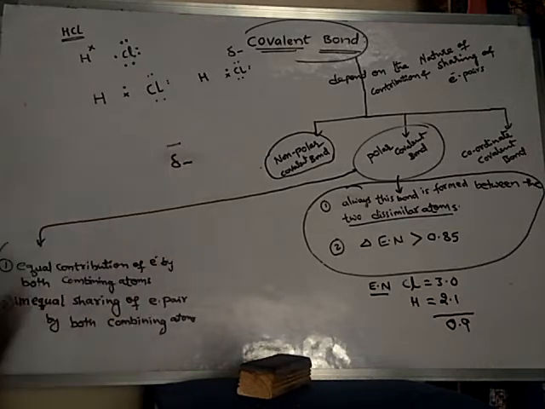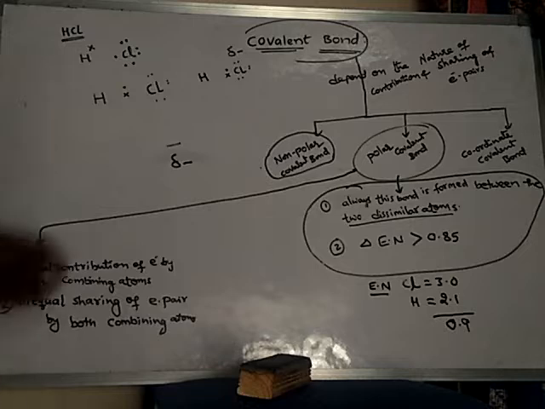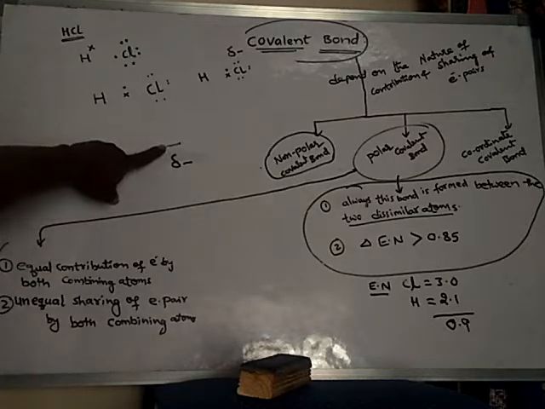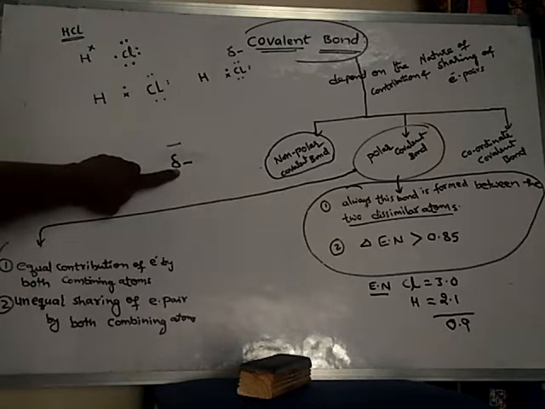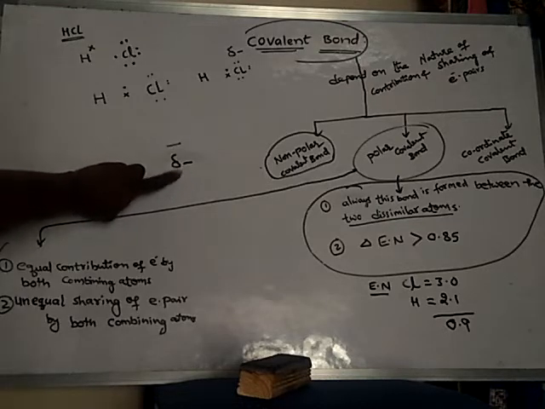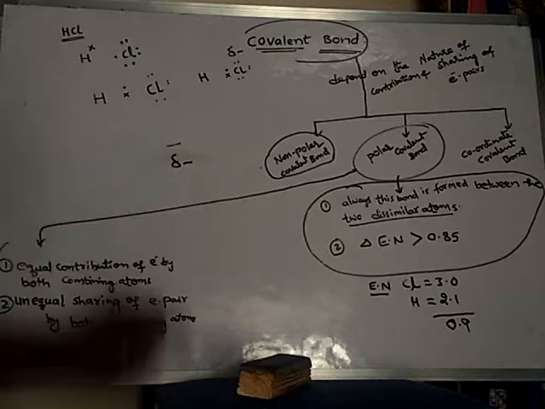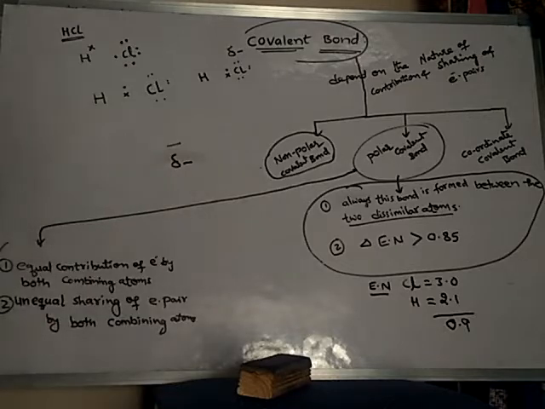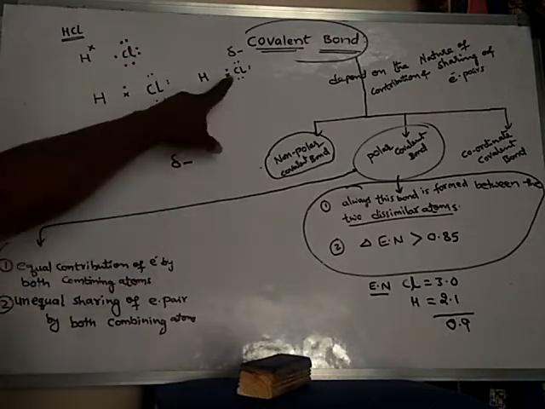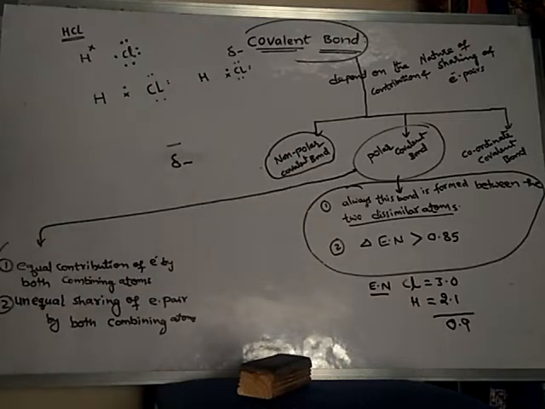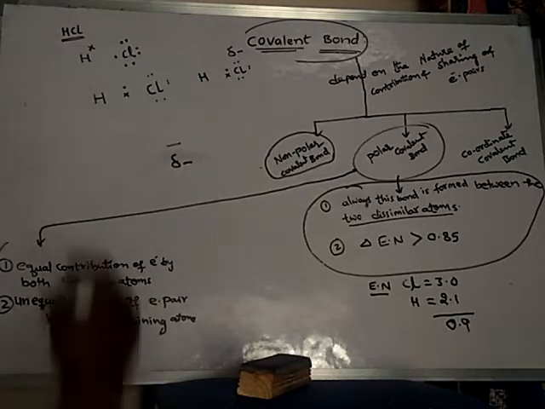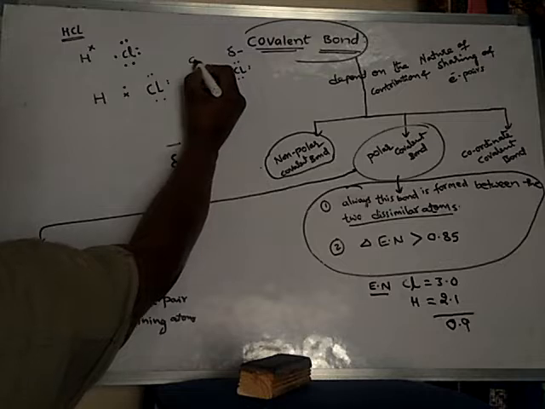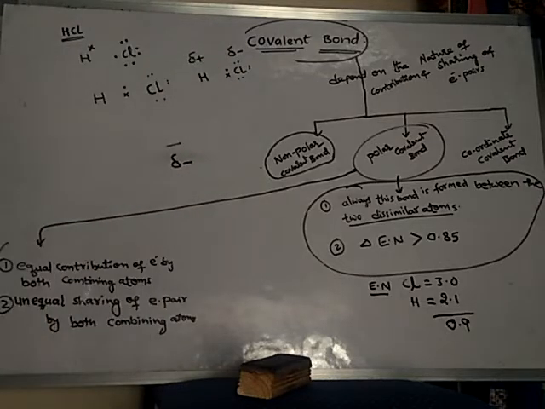If I write delta minus, this symbol is called delta. Delta minus means not completely negative charge, it is only partially negative. So chlorine will develop a partial negative charge, and hydrogen will develop a partial positive charge.